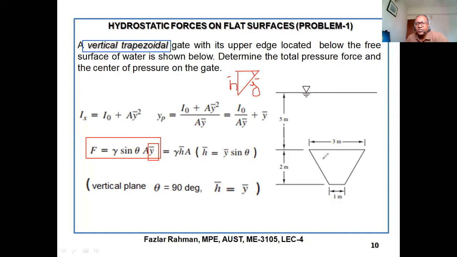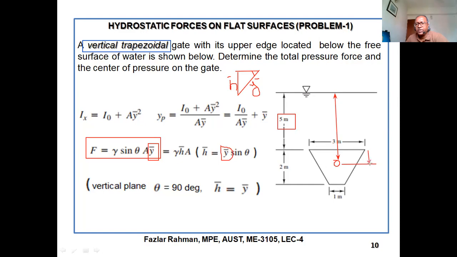Now, say CG is right over here. So your y bar will be the vertical distance from the top surface to the location of the CG. So what is the vertical distance? You know this mass is 5, but this value we don't know, like this mass from here to here, right?